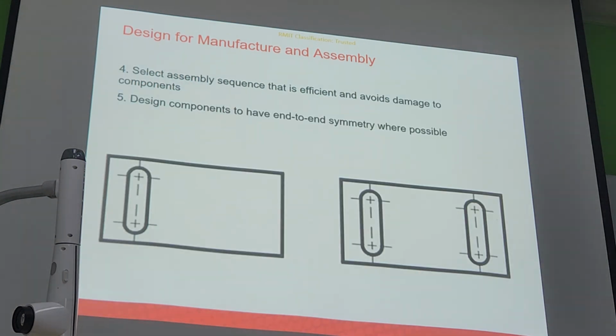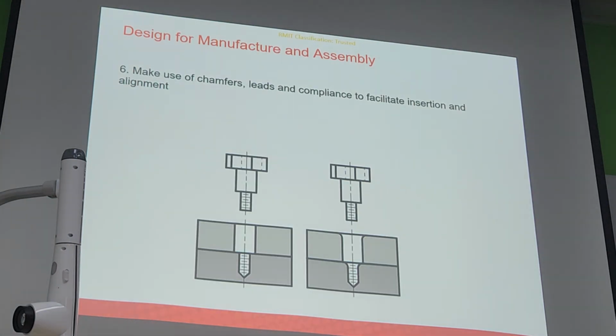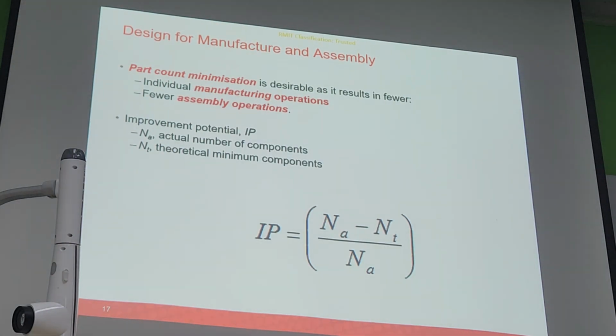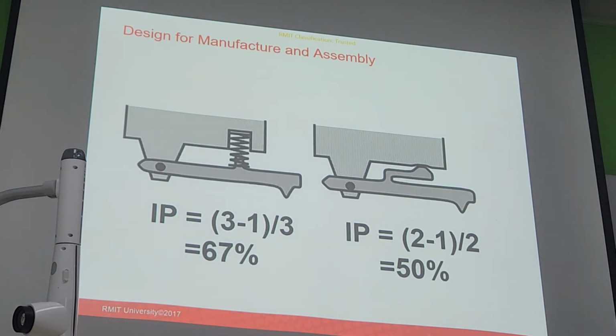You can see which one we choose for the design. Also make the chamfers and leads, and consider the fatigue, and based on the fatigue we can find which one has less of an issue.